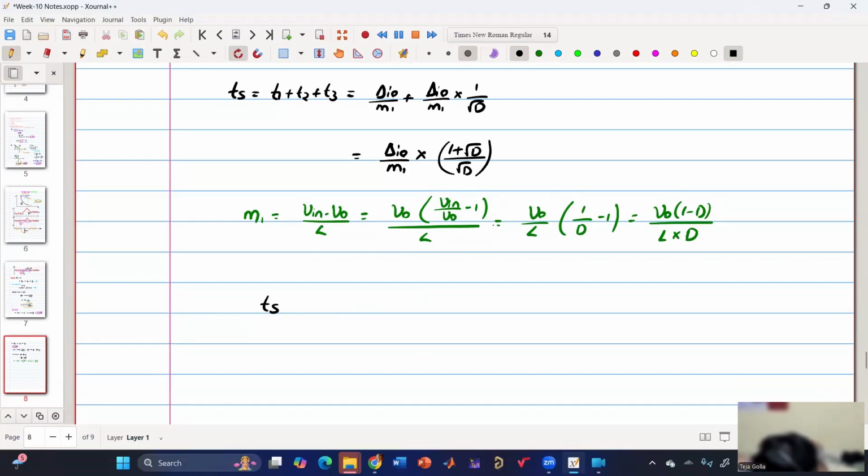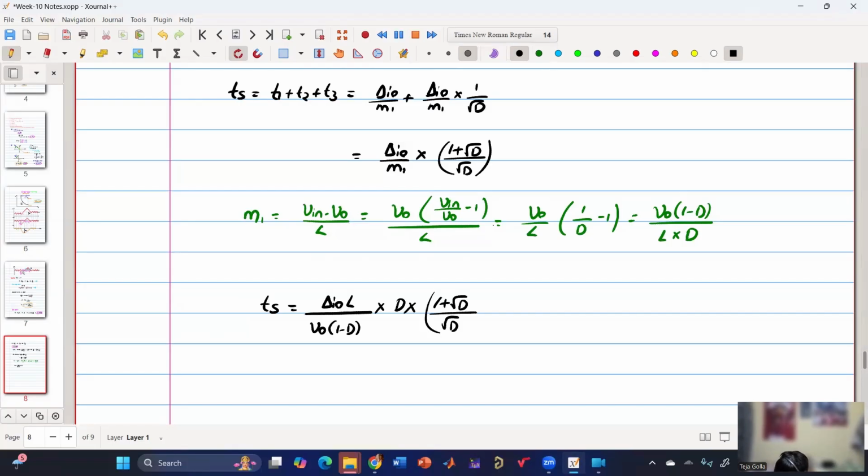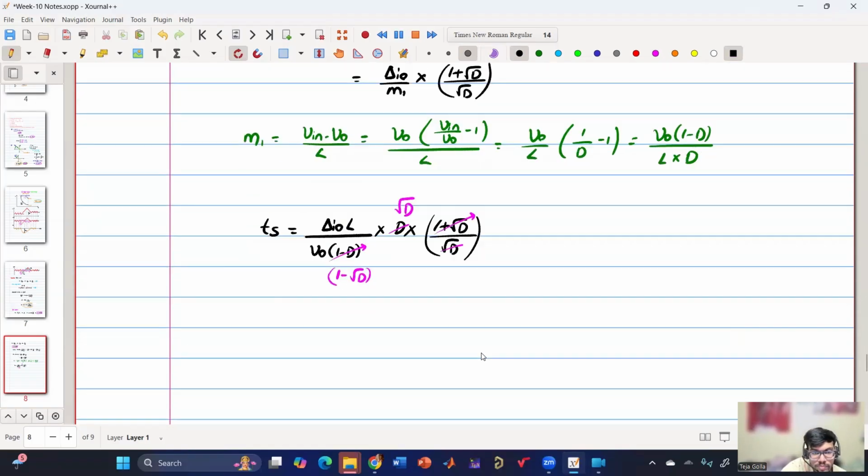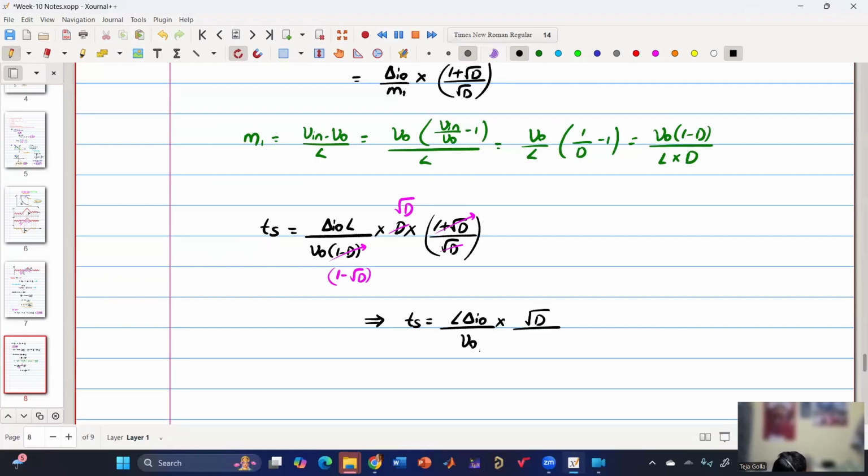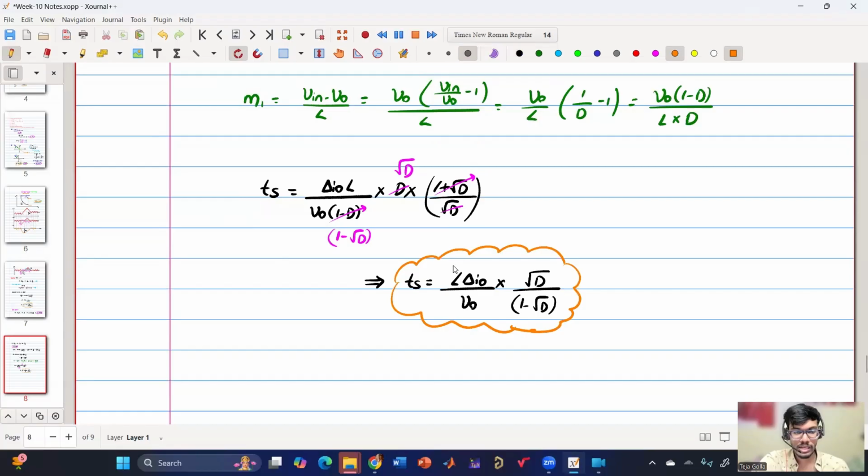TS is delta I naught by M1, which is V naught into 1 minus D into D into L, I'll bring here into 1 plus root D by root D. Now if I make cancellation, this will be cancelled with 1 minus root D, and this will be cancelled with root D. So now TS is equal to L into delta I naught by V naught into square root of D by 1 minus square root of D. So this is the settling time expression. Is this clear? How we are getting the settling time?